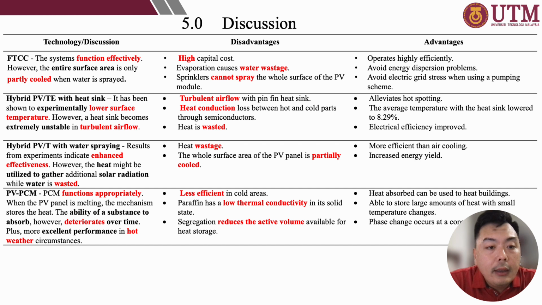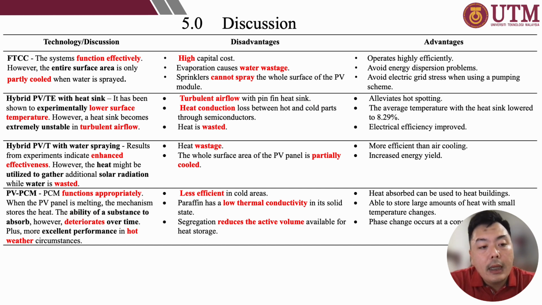Among the disadvantages are the turbulent airflow with fin heat sink, heat conduction loss between the hot and cold parts through semiconductor, and the heat is being wasted. Hybrid photovoltaic thermal with water spraying indicates enhanced effectiveness. However, the heat might be utilized to gather additional solar radiation while water is wasted.